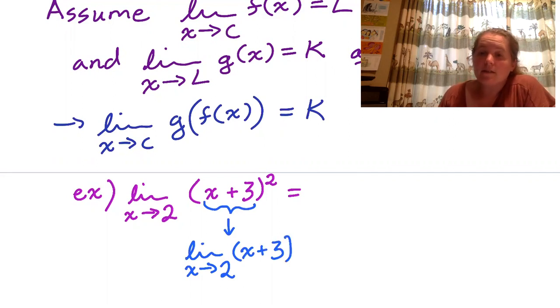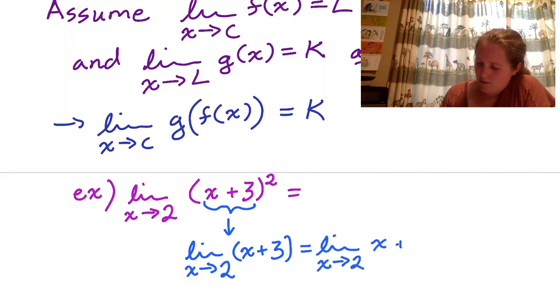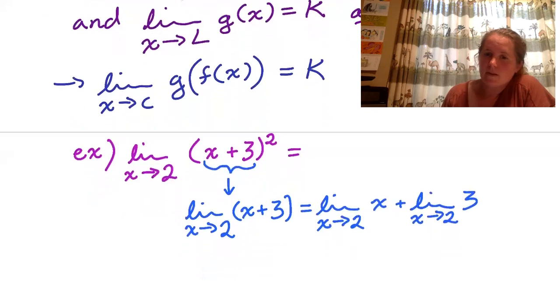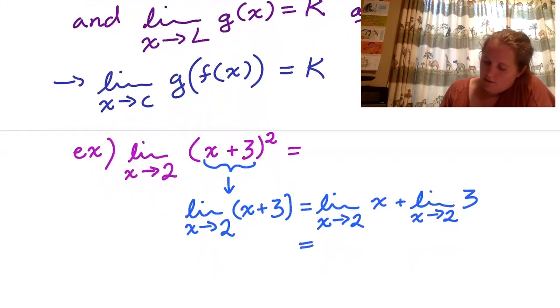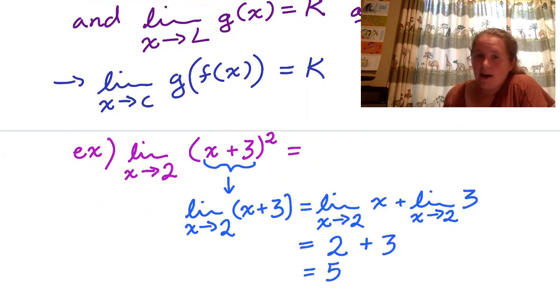This is a sum, so we can go ahead and split it. This is the limit as x goes to 2 of x plus the limit as x goes to 2 of 3. First one is the identity, you simply get 2. The next one is a constant, so we get 3, and that inside is 5.